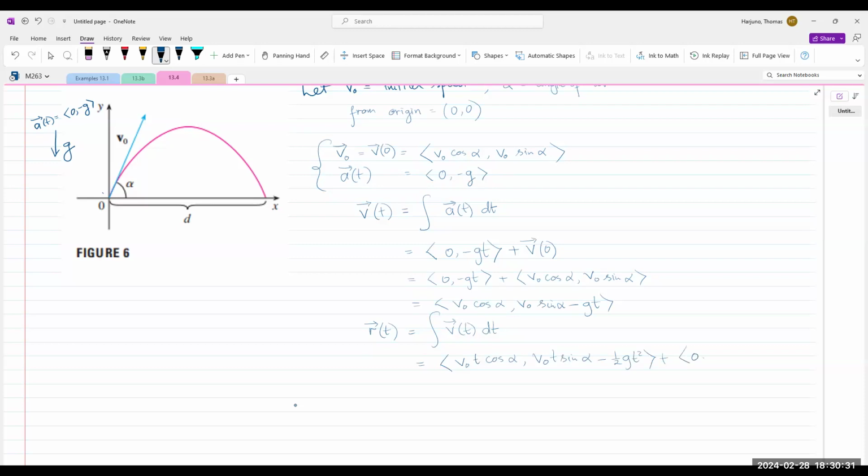In this case, you start from the origin. Now suppose the starting point is not the origin. Let's say you start at the height h, then it will be 0, h here. If your initial height is not on the ground, let's say it is 100 meters above the ground, then it will be 0, 100. Which, if we put together, is basically the same vector we had earlier.